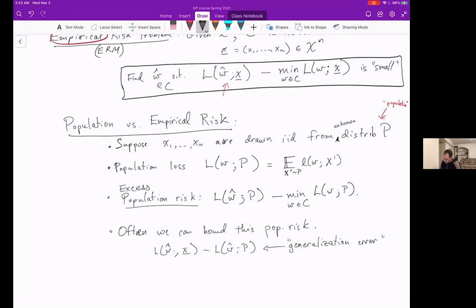So this is a measure of how misrepresentative the data is of the population for this particular parameter vector.